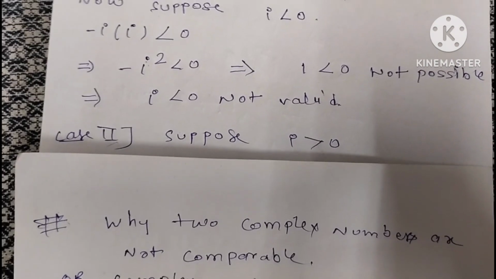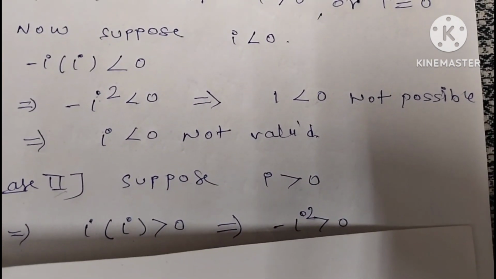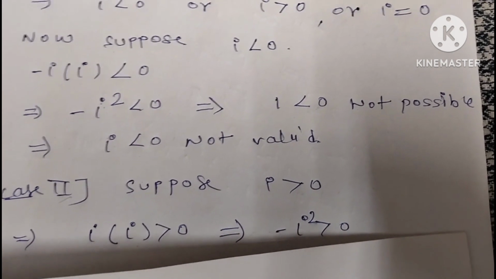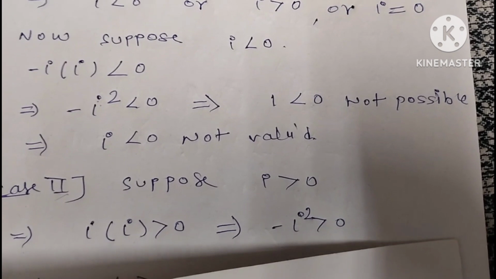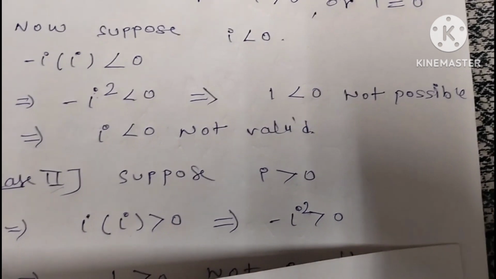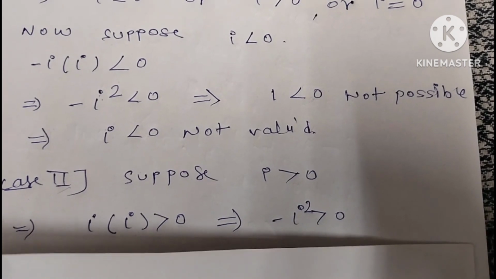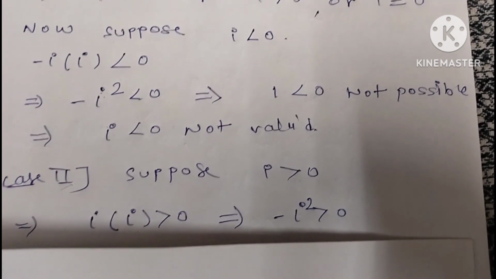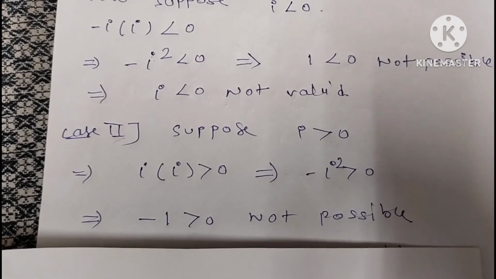Now we'll see the second case. Just suppose iota is greater than 0. If I multiply this iota greater than 0 with iota, we get minus iota square greater than 0. You can see here minus iota square is greater than 0, and this means minus 1 is greater than 0.